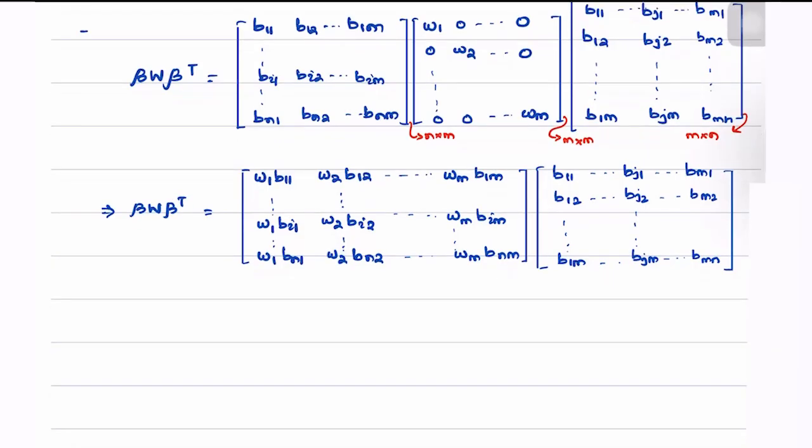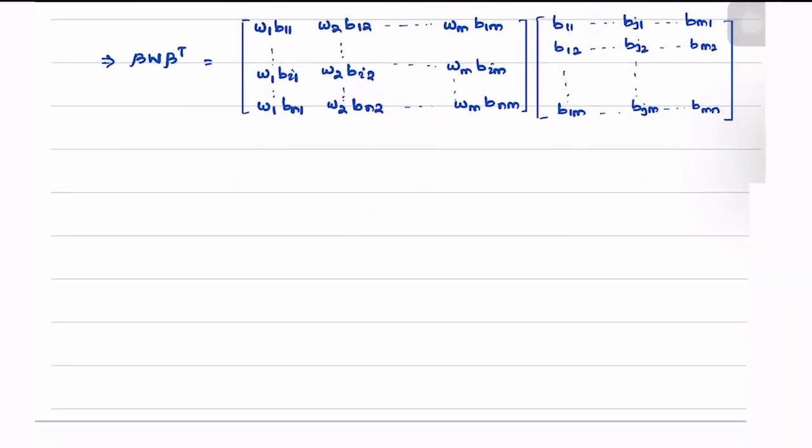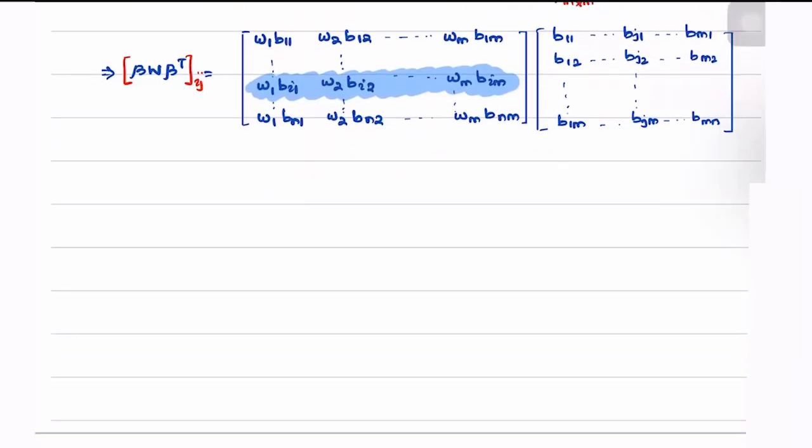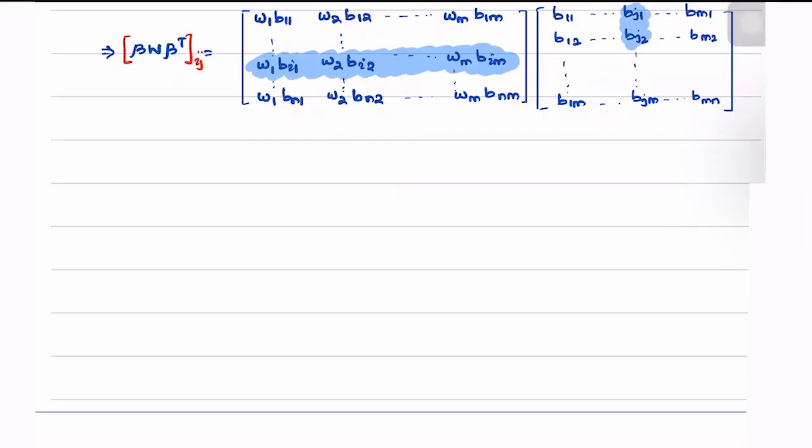And what we are actually interested in is the ijth entry of B W B transpose. So let's write it. The ijth entry will simply be the product of the ith row of B times W multiplied by the jth column of B transpose.